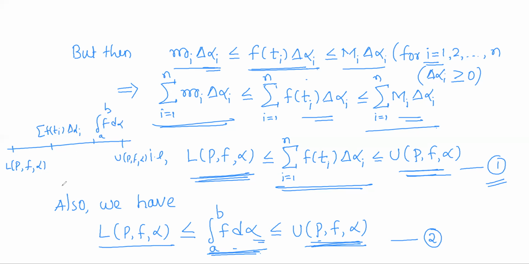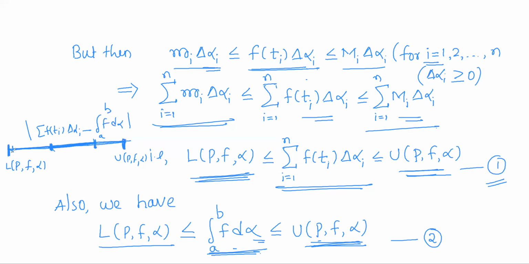So if I take the difference, the length of the line joining these two points will be nothing but the difference of these two numbers. And this difference will obviously be less than or equal to the difference from U(P,f,α) to L(P,f,α). So the difference between these two numbers is always less than or equal to the difference between these two numbers.